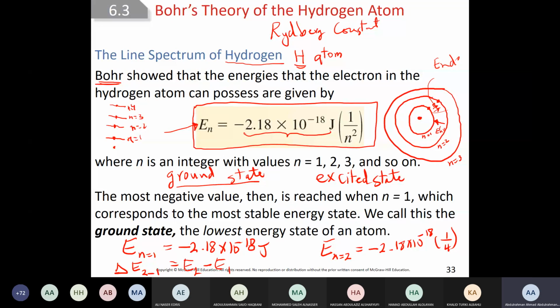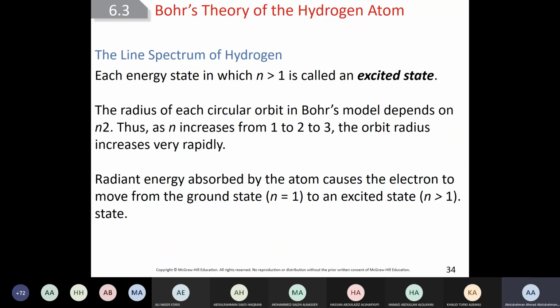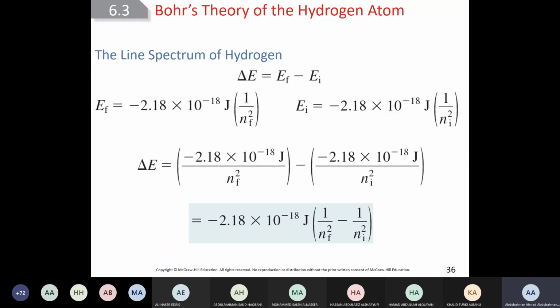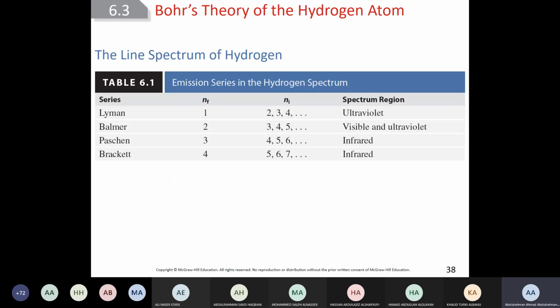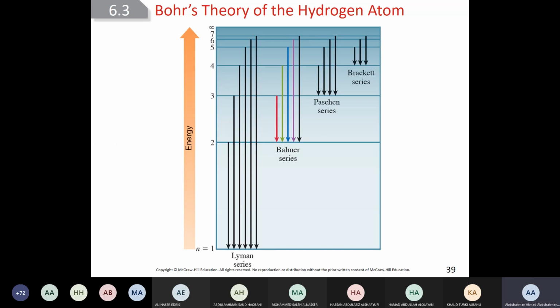Okay. Now, let's stop here. We talked about this already, and then other people calculated all the energy for every level. See, these are the lines that we talked about: n equal to 1, 2, 3, 4, 5, 6, 7.